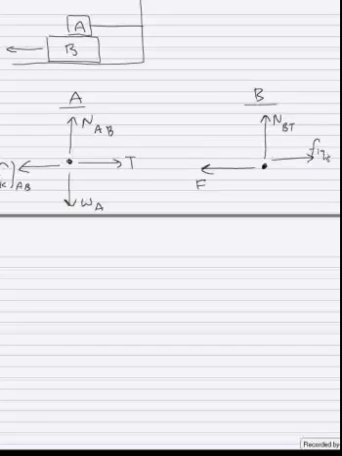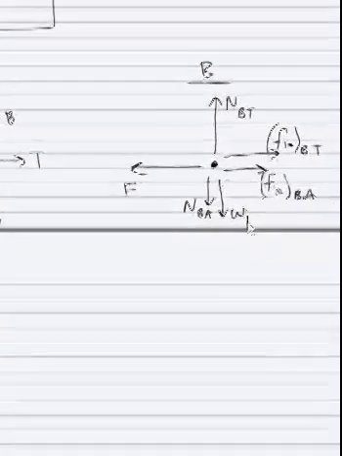So there's a kinetic friction on B from the table. And block A is touching block B. So we have a normal force on B from A, and we have a friction force on B from A. I think that's everything that's touching block B. And something can reach in, the weight of gravity.